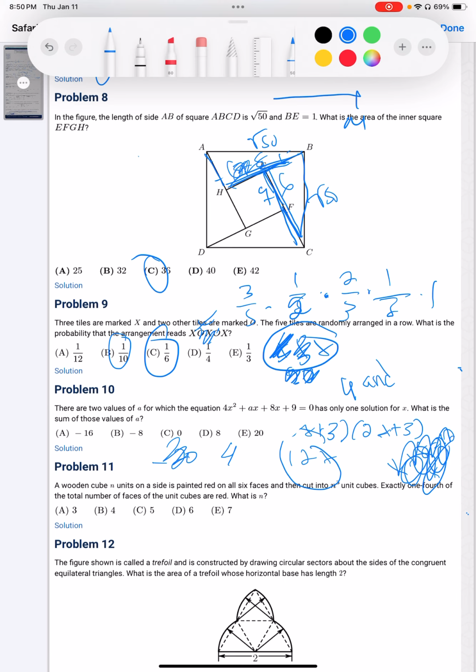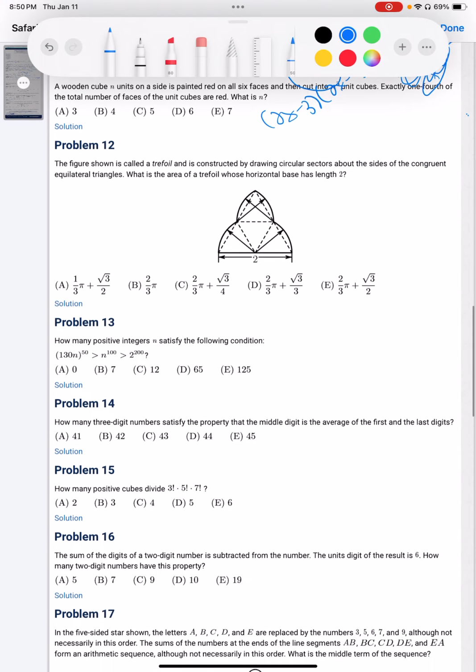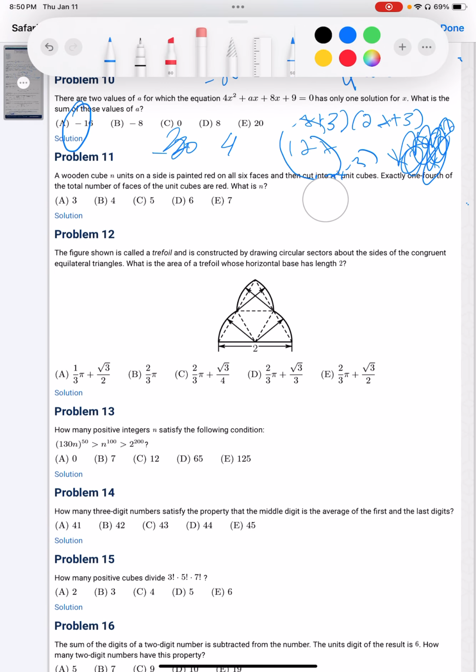It should just be 4. And then what else? Oh, we can also do that's just minus 12. So now it'll just be minus 20. So 4 minus, which would be minus 16, I'm pretty sure.